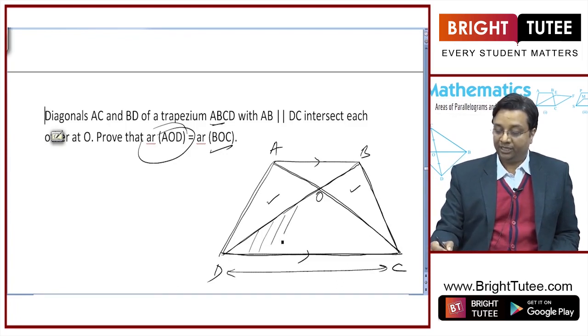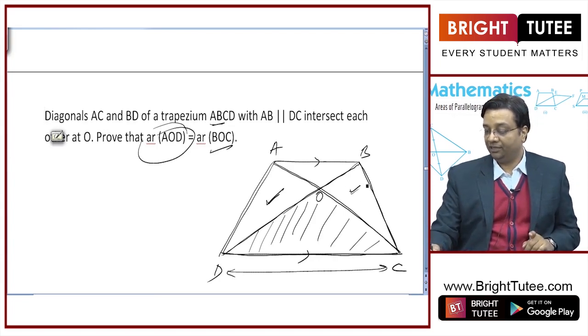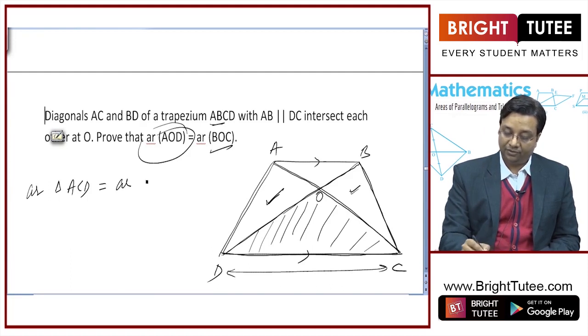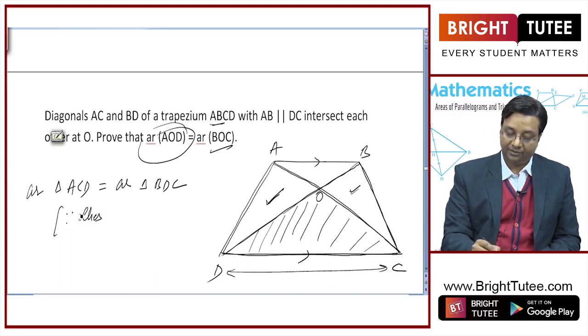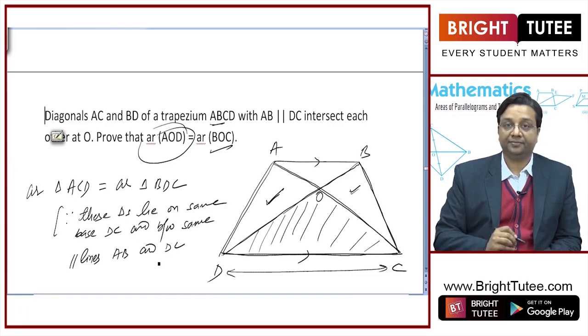If I subtract this common area from both sides, I will get area of this triangle equal to area of this triangle. So what I mean is area of triangle ACD is equal to area of triangle BDC, because these triangles lie on same base DC and between same parallel lines AB and DC.